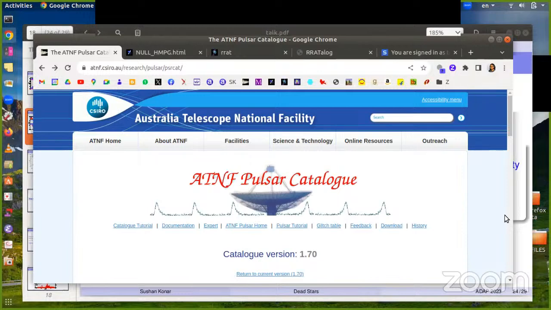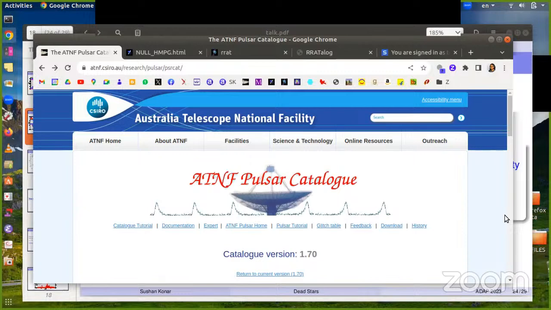Two students from the 2020 batch, Rohit and Satyajit, have created a Python package which goes into all these pulsar repositories, neutron star repositories that I was showing in the morning. So this Python package takes a query for a particular object, goes into all these repositories and grabs all the information that is there and gives it to you.